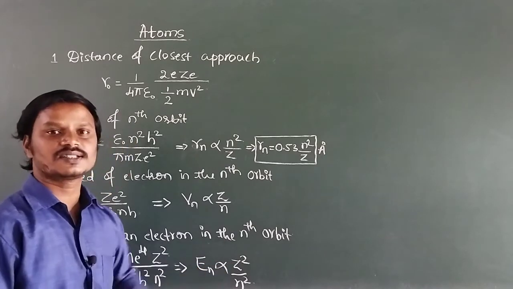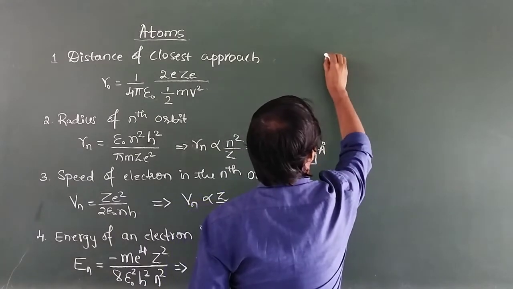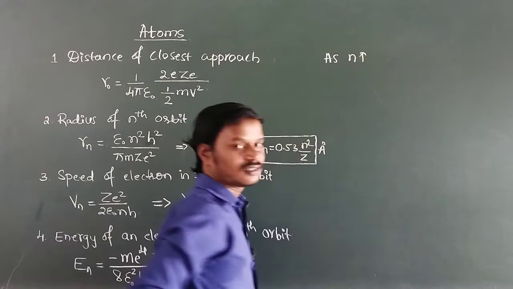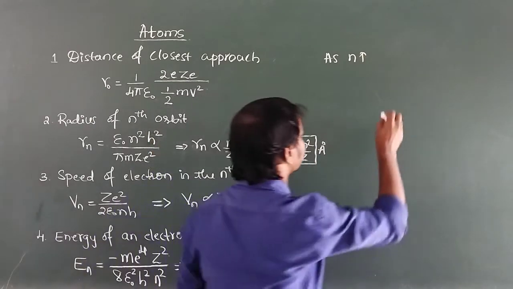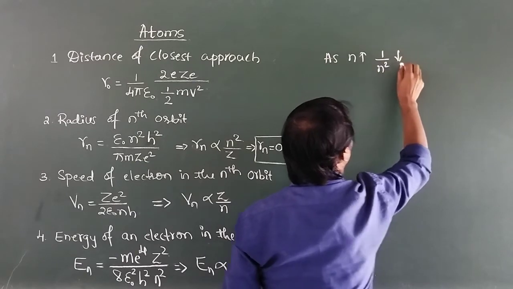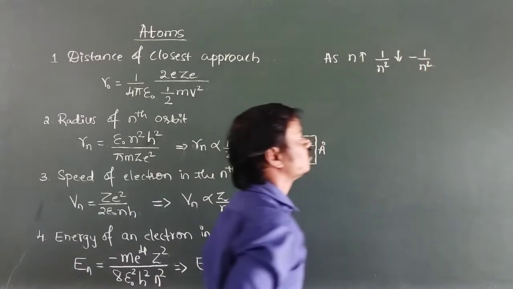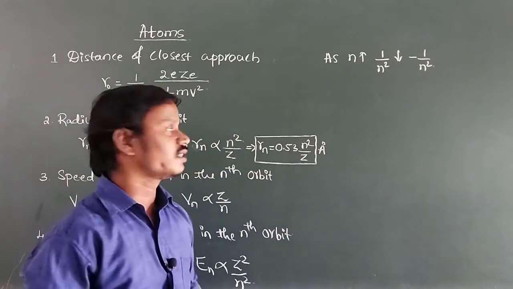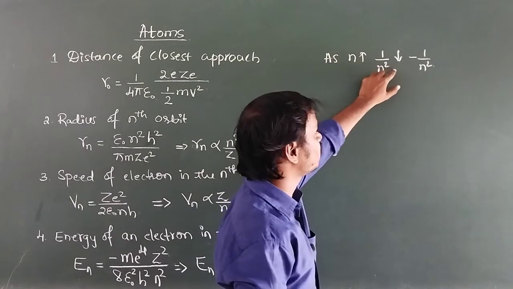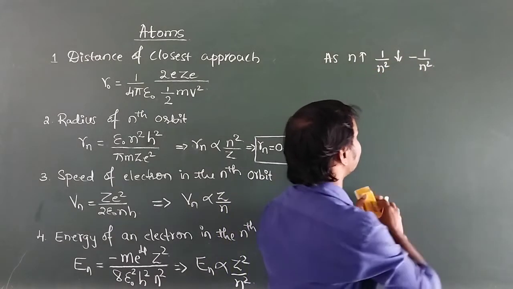Now see, as n increases, 1 by n square decreases, but minus 1 by n square increases, because a negative is there. See here once again, as n increases, 1 by n square decreases, but minus 1 by n square increases, because a negative is there.